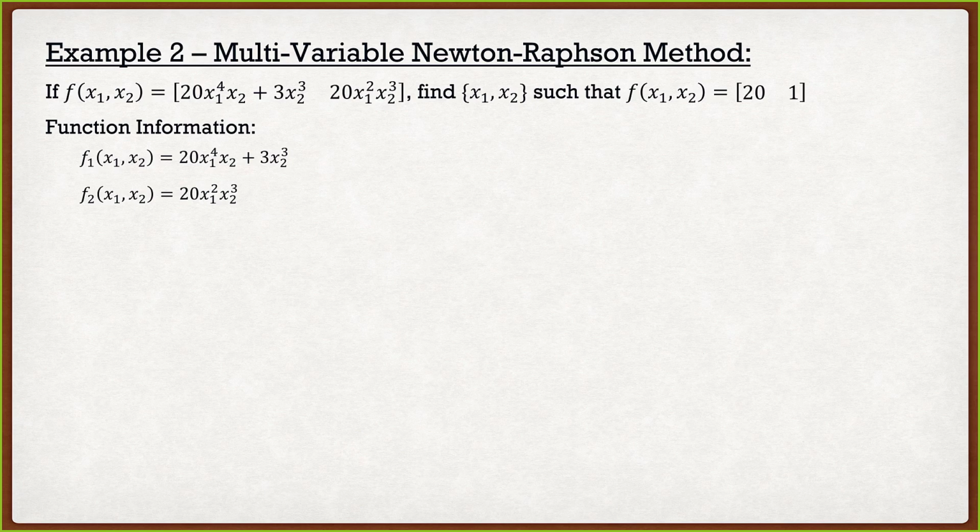If you guys really want to think of this in terms of, let's say, finite element, basically, I have two different nodes. At node 1, I apply a load of 20, and at node 2, I apply a load of 1. How can I figure out what my displacement is going to be to achieve those two loads? So hopefully that makes sense in how we're actually trying to talk about it.